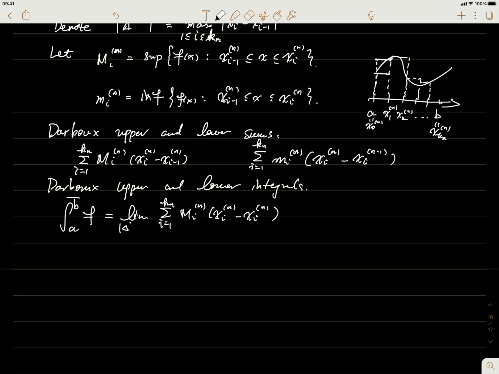Actually, you just need to make sure that the maximum length of the segments is going to 0. And similarly, the lower integral is just the same limit with the lowercase m.